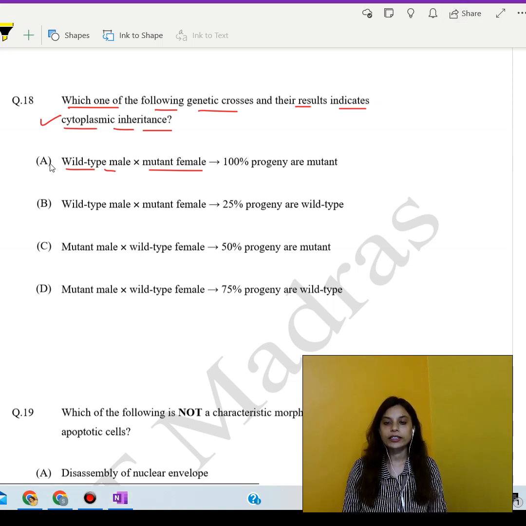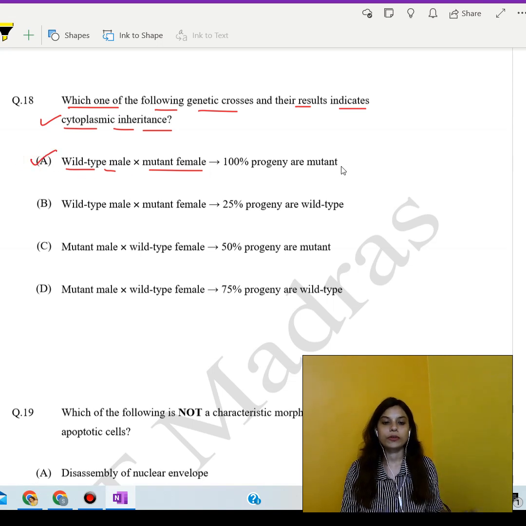Now before that, let me tell you that the first option is the only correct option, because out of the 4 options provided, the cross that indicates the cytoplasmic inheritance is wild type male, mutant female, which gives 100% progeny that are mutant.